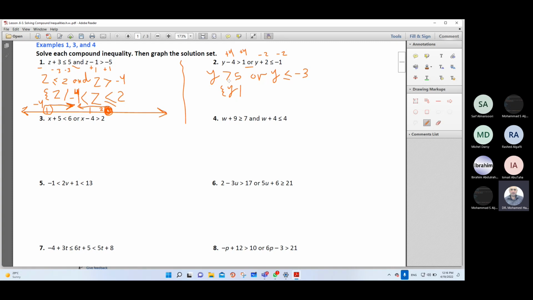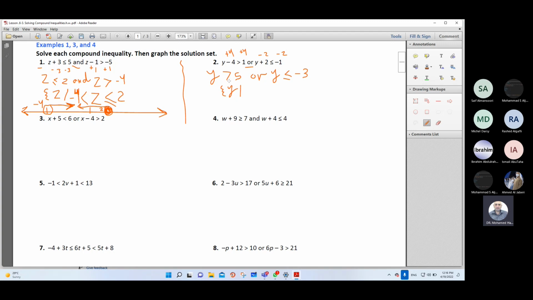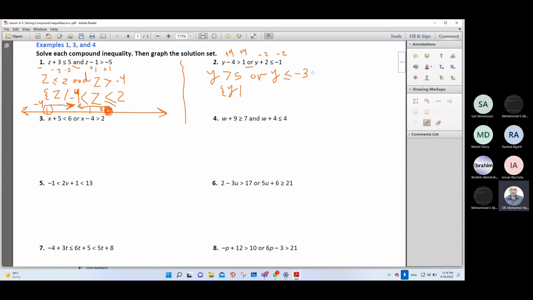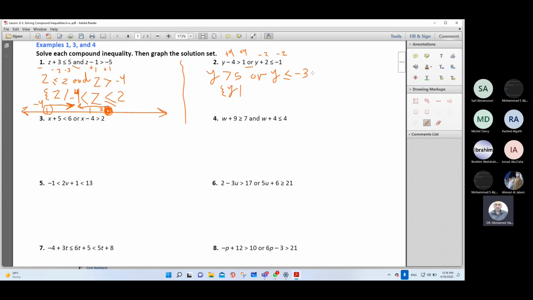How can y be greater than 5 and at the same time less than or equal to minus 3? It means one of the two solutions here will be wrong. But suppose the first one or the second one. So if you have this case, use "or", because not both solutions will be correct. So y greater than 5 or y less than or equal to minus 3.